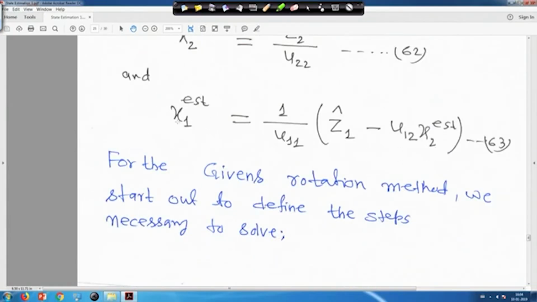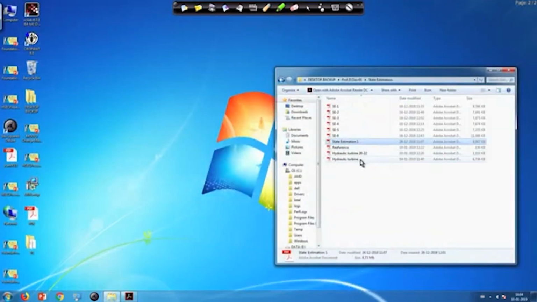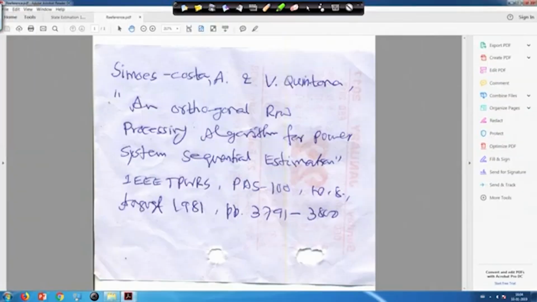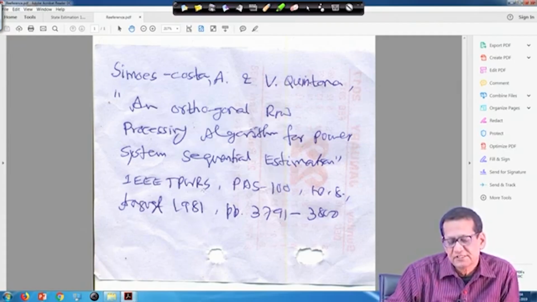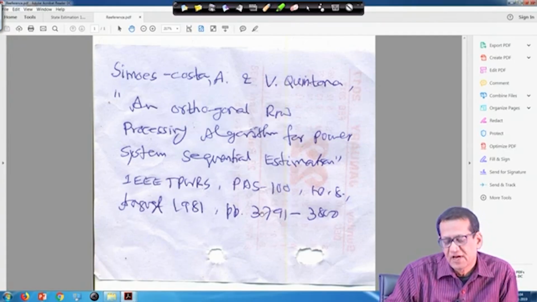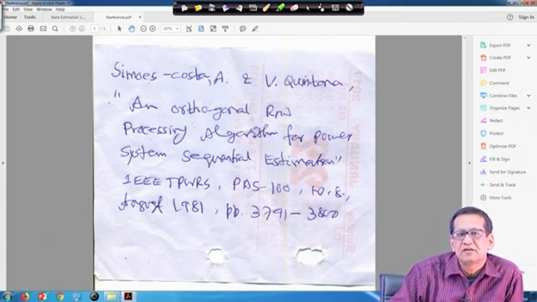So, for the Givens rotation method, we start out to define the step necessary to solve. Actually, we will not cover the Givens rotation method in detail, because I have to minimize the time, but I will just give you some idea. One article is there, by Simoes-Costa and V. Quintana, published in 1981 in IEEE Transactions on Power Systems.